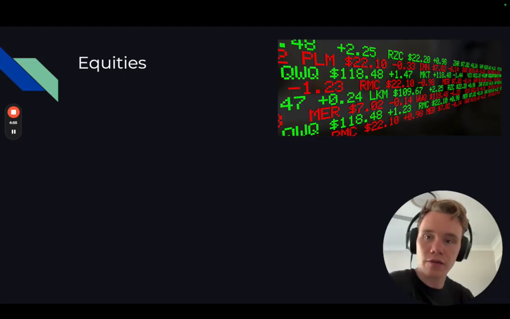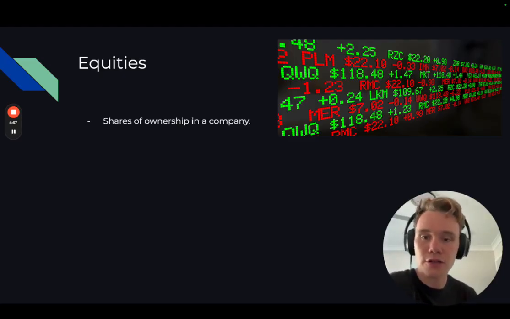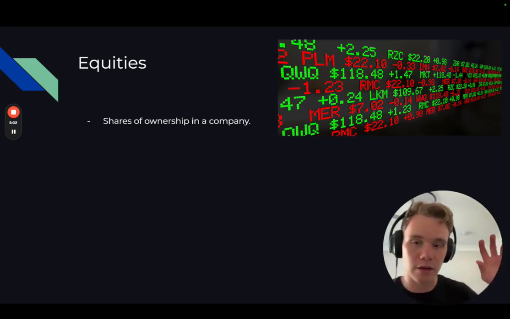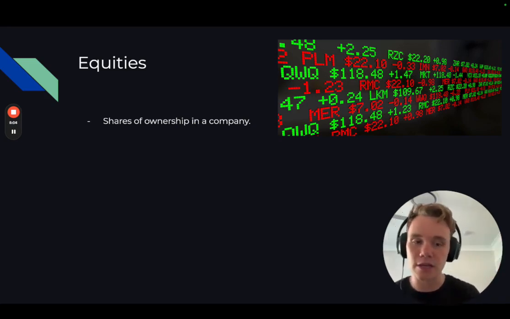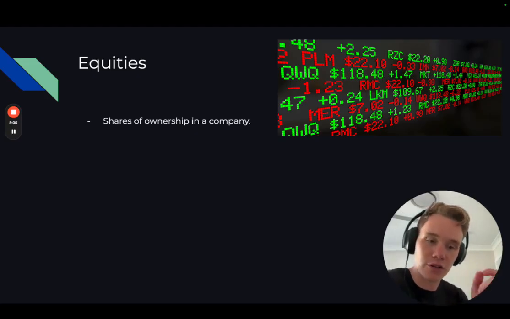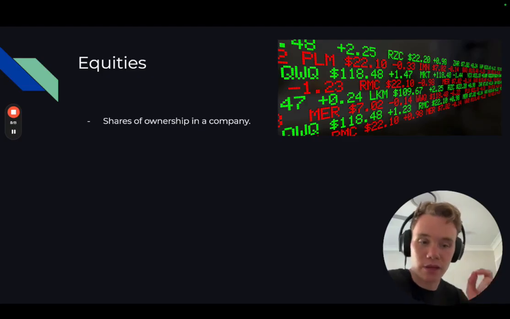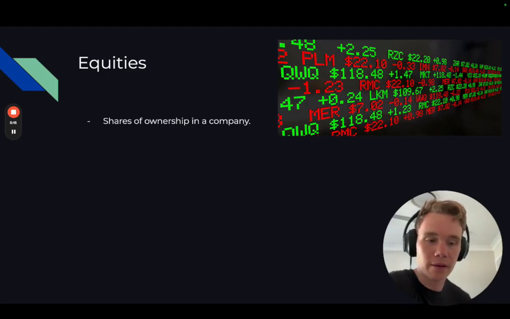Starting off with equities, these are shares of ownership within a company. For example, you have the Nike company, and underneath it you have the different shares that people can purchase for small amounts of ownership within the company. Big whales will buy a large amount of these shares, and they can start to influence, maybe not the day-to-day, but the longer-term movements of a company in terms of its economic and business ventures.